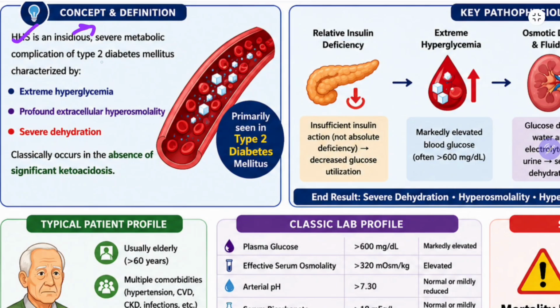It is characterized by hyperglycemia, profound extracellular hyperosmolality and associated severe dehydration. You will not have any ketoacidosis here, meaning there will be no ketonemia and no acidosis. So this is primarily seen in type 2 diabetes mellitus.